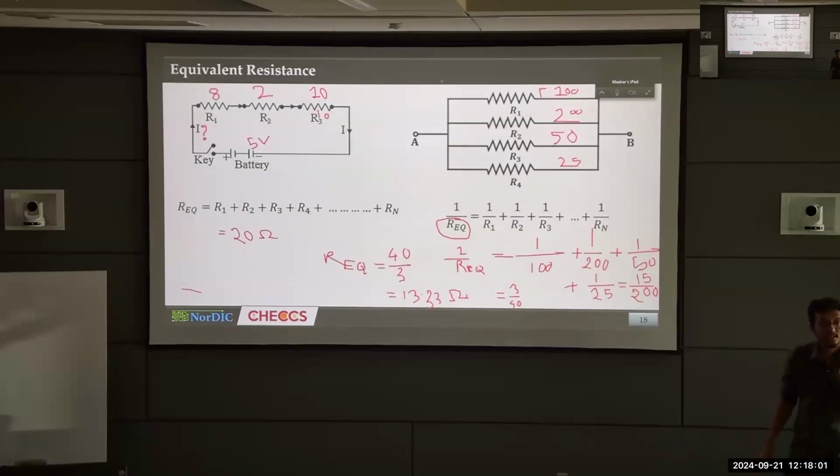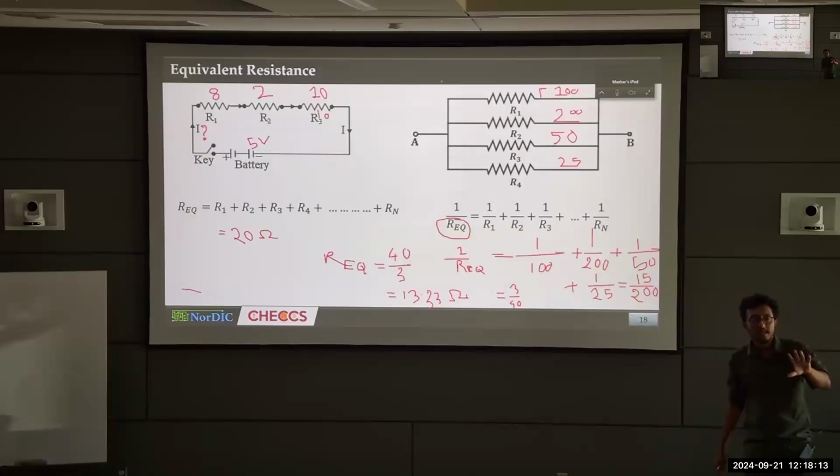So how did you calculate it? You multiplied the resistance value with the current. Actually you did the right way, but the result is wrong. 8 multiplied by 0.25 should be 2, right? So it will be 2 volt.